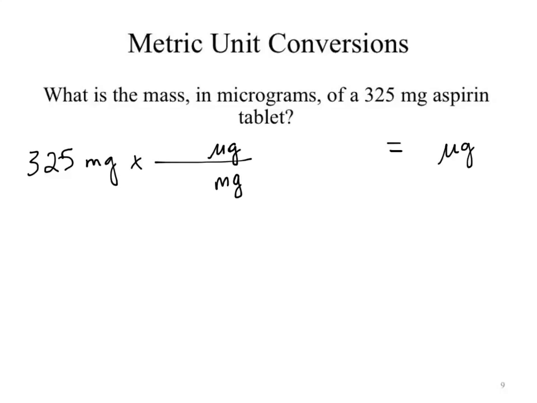No, we don't have a direct relationship. We know how to convert each of them back to something common. Our relationship is coming back to grams. So I can convert milligrams to grams, and I can convert grams into micrograms. So what we have to do is actually break this into 2 steps.